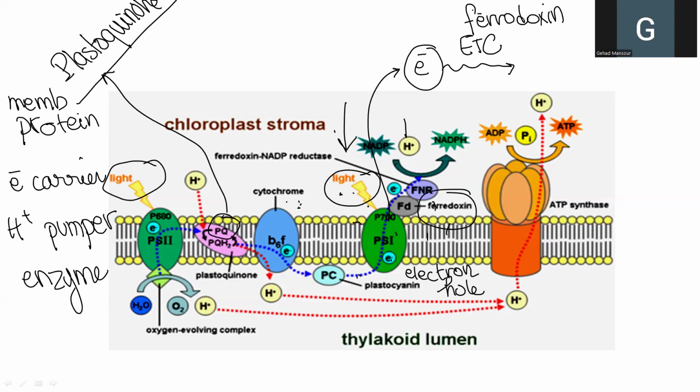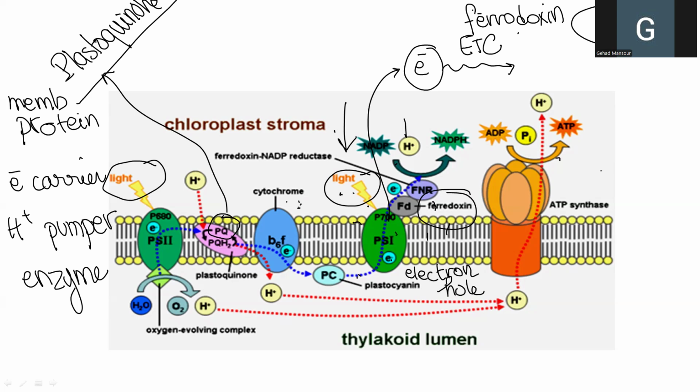So these electron carriers, as we said, also have enzymatic activities, and NADP is one example of the enzymes. NADP is a hydrogen carrier, so NADP carries the protons and is converted into reduced NADP. So we can obtain reduced NADP at the end of the second electron transport chain, which is that of photosystem 1.